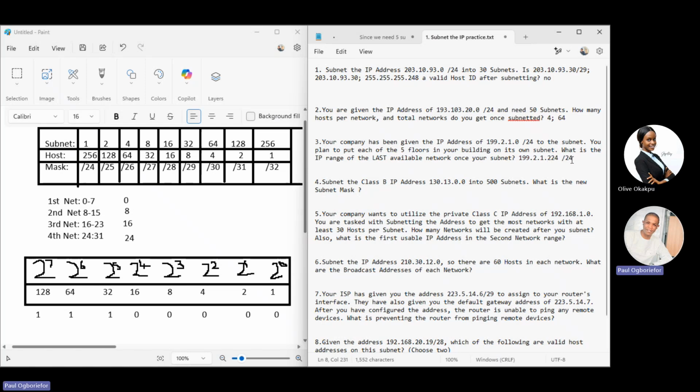But this our slash will change to what? 29. Are you serious? Look at our table, please. It's still on your screen. Okay, wait. Sorry, 27. 27, perfect. So we have it as slash 27.